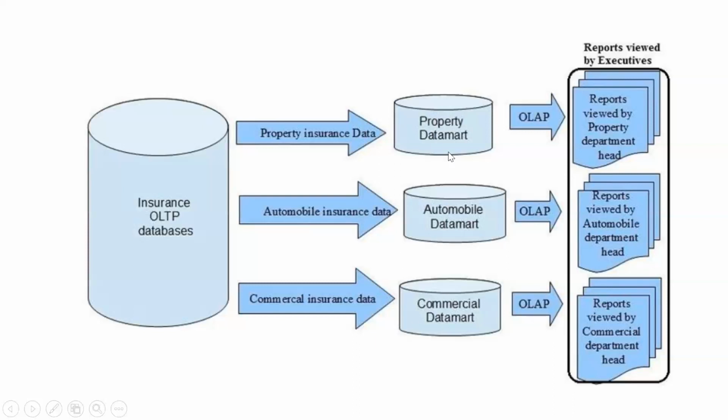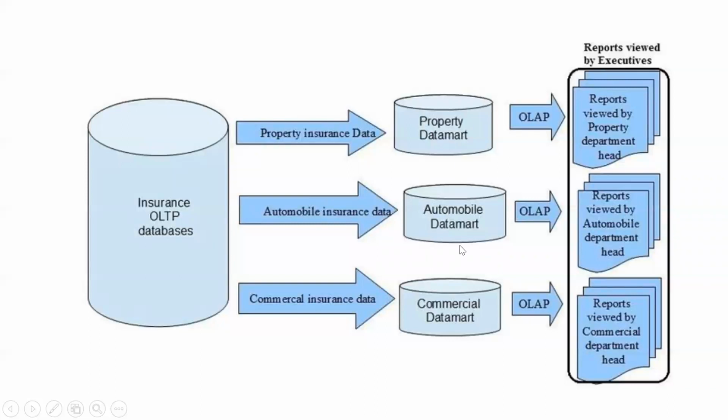So this is just an example of data mart. I'm segregating each of the subject areas of the insurance company. The insurance company is the same, a single insurance company, but it has various subject areas. Maybe there are some access issues between the automobile and property teams. They should not be checking each other's data.